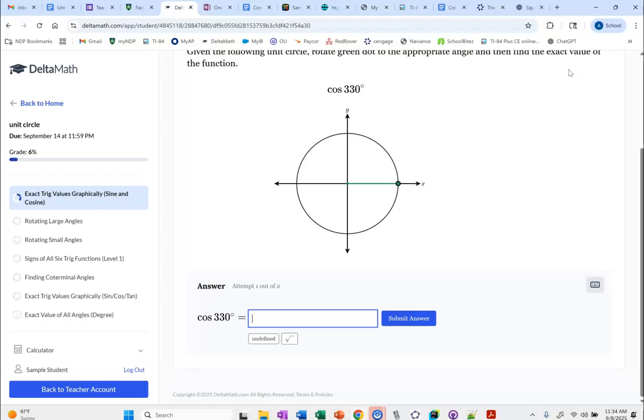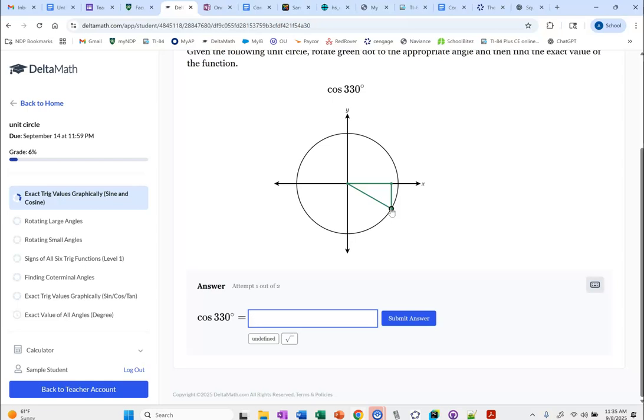Cosine of 330. So if I look at my sheet, 330 is the last spot before I'm back to the beginning. You see it in the 4th quadrant there. And then which coordinate am I looking at if it's cosine?